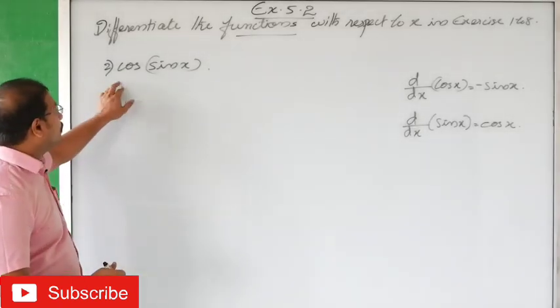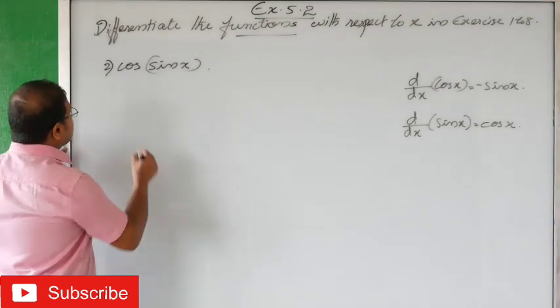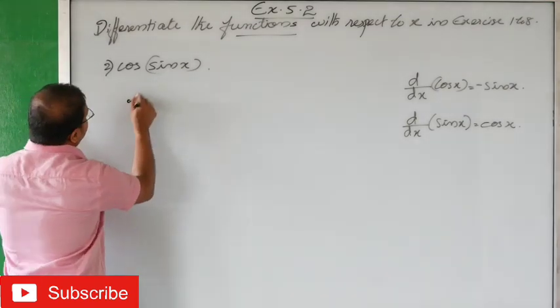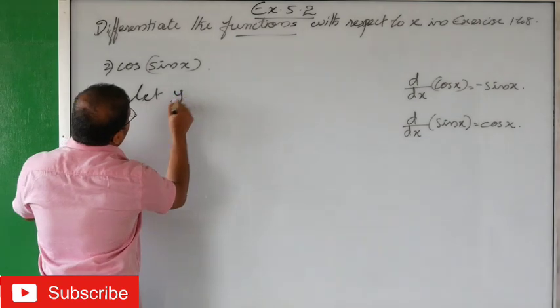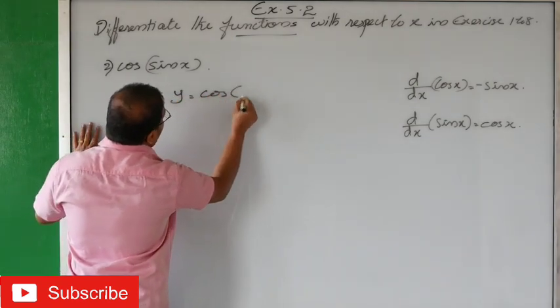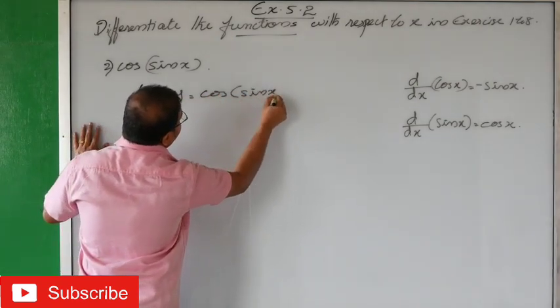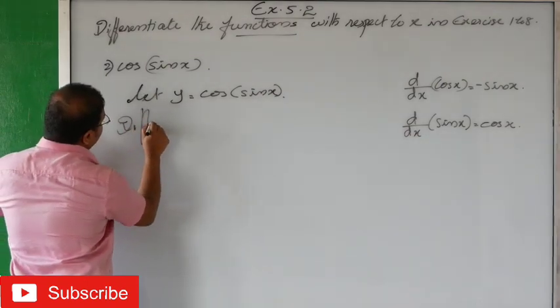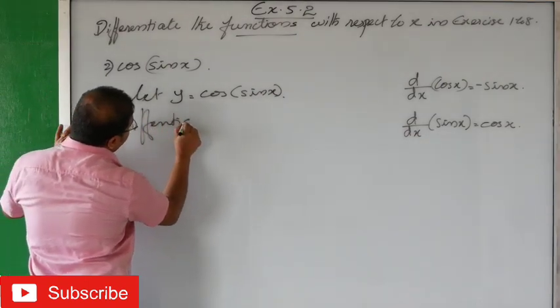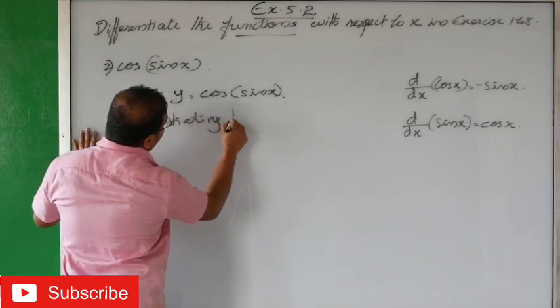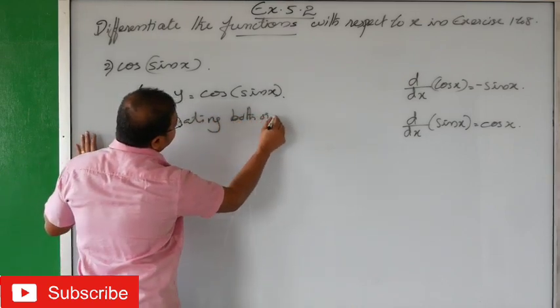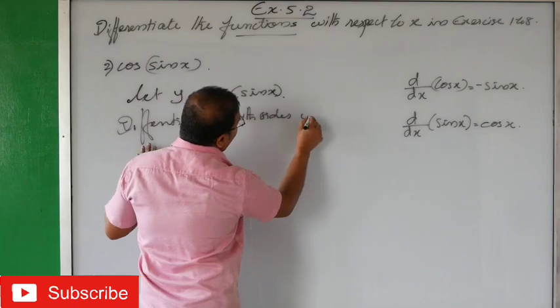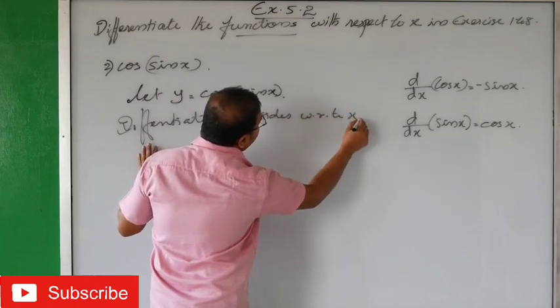Question number 2, cos of sin x. That means what you will do? First you will write let y equals cos of sin x. Ready? Now differentiating both sides with respect to x.